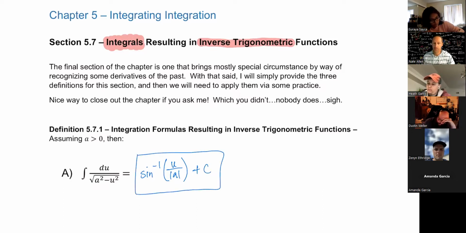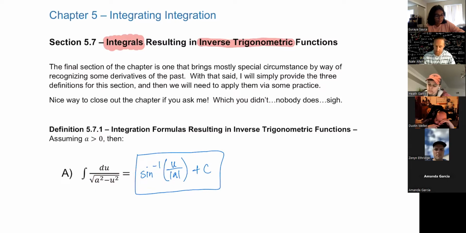And that's it, my friends. That is the first of 3, that when you see a square root in the denominator with 2 things that are perfect squares, this is the one that you will go and look up and utilize.